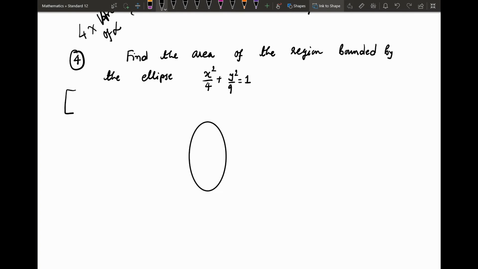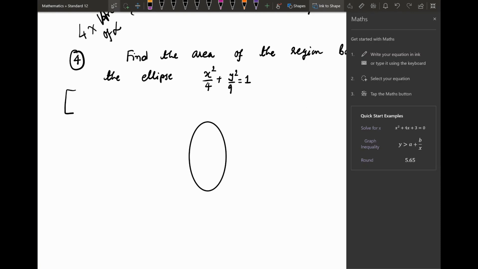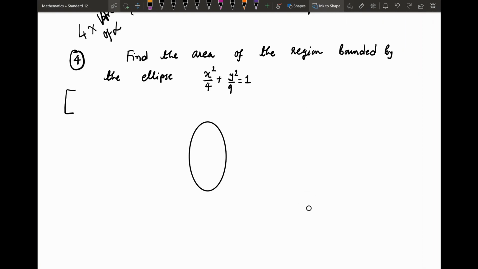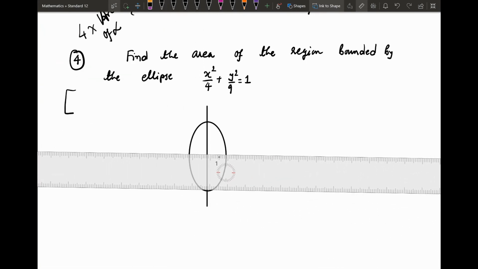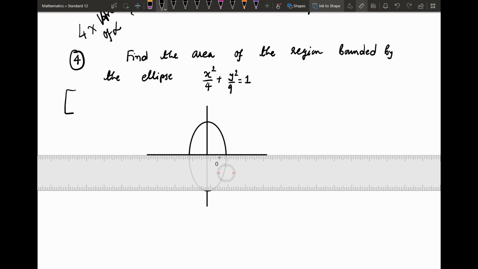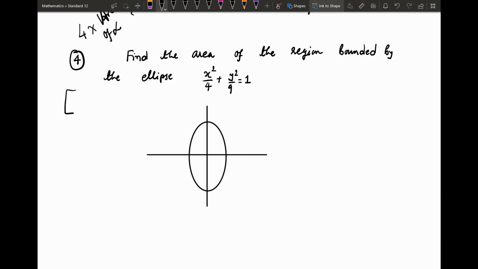So major axis is the y axis. X-axis, y-axis, here 0, 0, here 2, 0, here it will be 0, 3, and only find out the area of alpha.